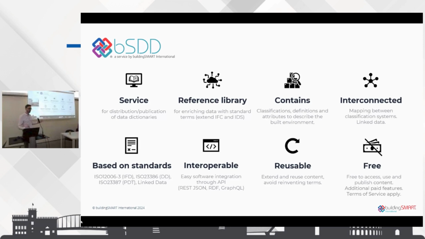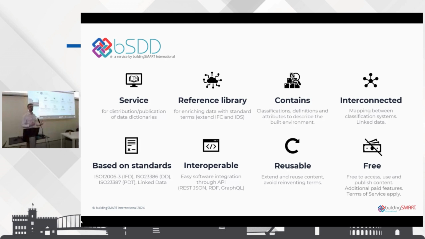It's all based on international standards, it's interoperable, we use common technology to provide access through the software that you are already familiar with, so we don't need to have, let's say, dedicated solutions for each classification system. We can have one joint interface to connect all of this terminology, and we can reuse the content that is in BSDD.